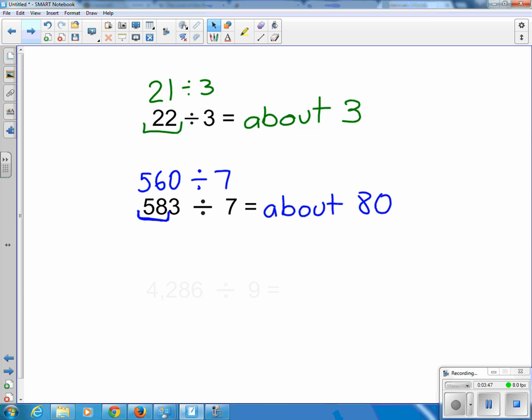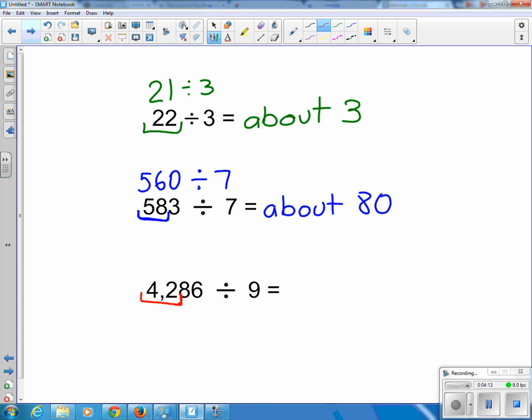Okay, let's do one more exercise. 4,286 divided by 9. We go to the same two digits at the beginning. A number that is close to 42 that we can divide by 9. Multiples of 9. I have 36 and 45. Which one is closer? 45, of course.